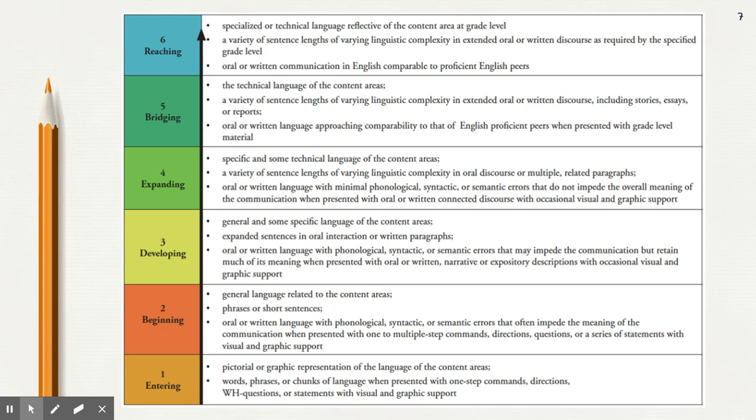And then we go up here to special and technical language at level 6, a variety of sentence lengths, extended discourse. So we've got everything from simple language, chunks of language, 1 or 2 words, all the way up to specialized, extended discourse, and comparable with their English-speaking peers.